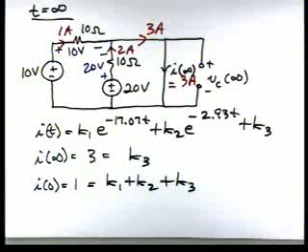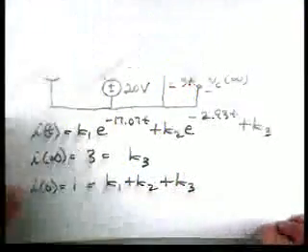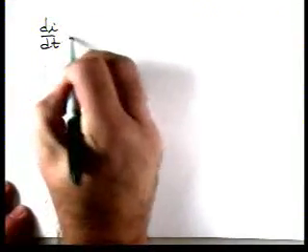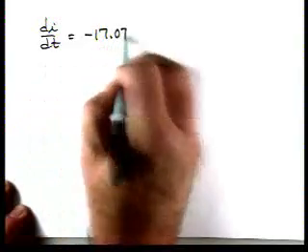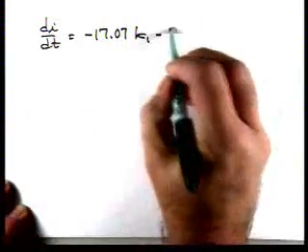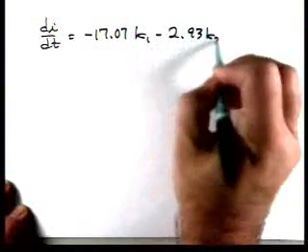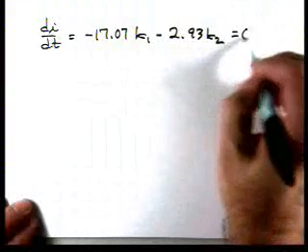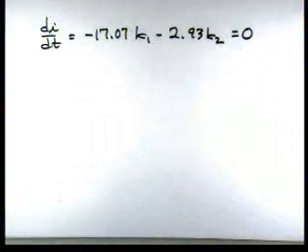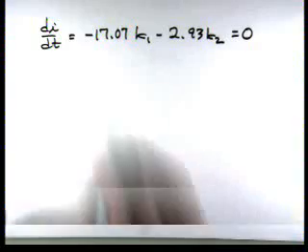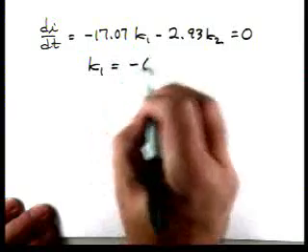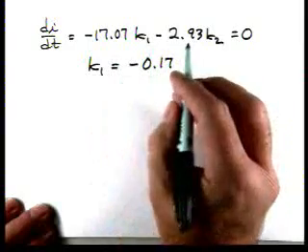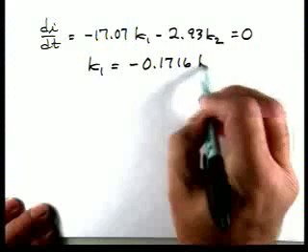And then if we take the derivative, di dt, we would have minus 17.07 K1 minus 2.93 K2, and we know that's 0. Now, if we take the derivative of that K3 term, that's a constant, so di dt of K3 is 0. So we get that K1 is equal to minus 0.1716 K2.